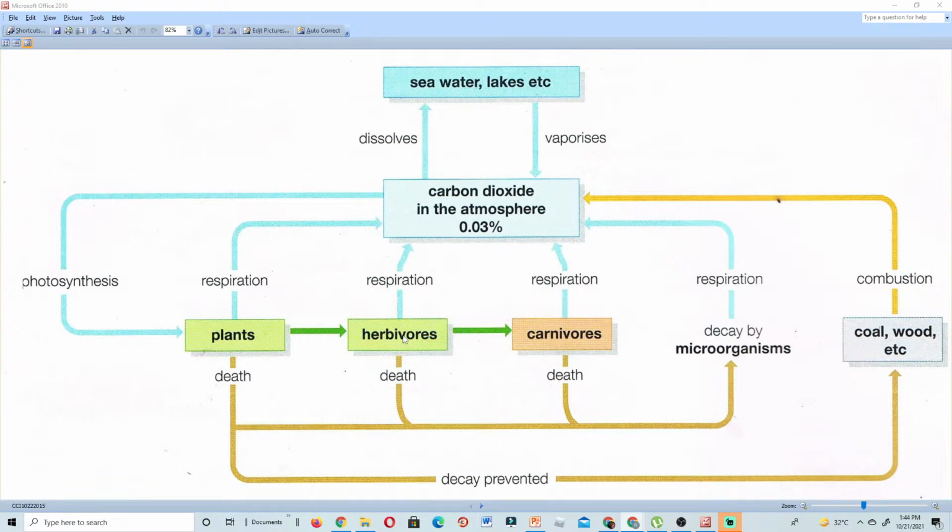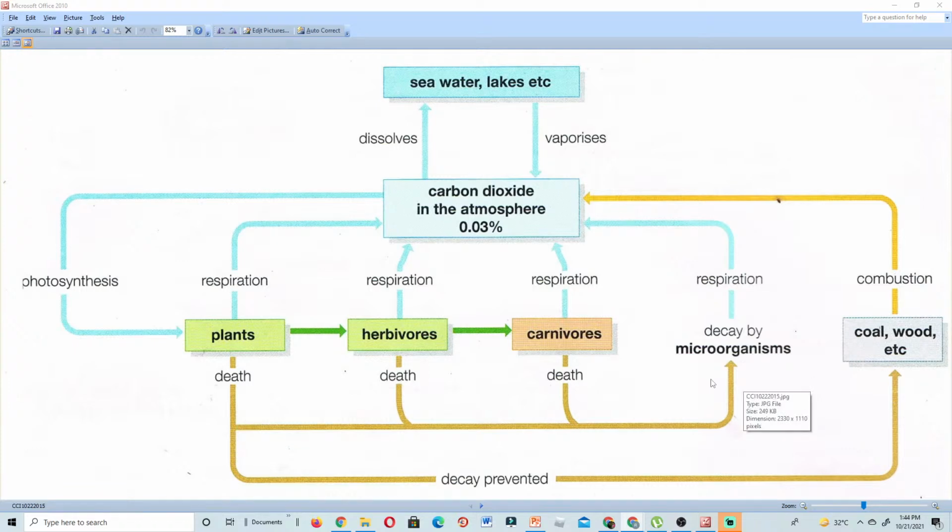The same thing with carnivores. Carnivores are normally animals that feed on other animals only, for example, a lion, a tiger. Whenever those animals breathe out, they also breathe out carbon dioxide, and that carbon dioxide will be added to the reservoir of carbon dioxide in the atmosphere. Moving further along, where you see decay by microorganisms, and you're seeing respiration.